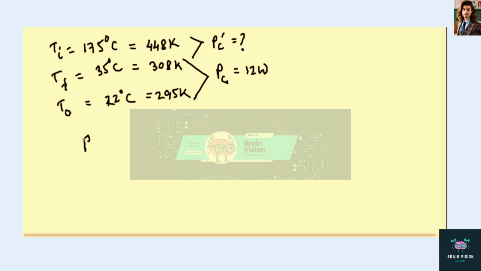So power of cooling is given by E sigma A as it cools down. Let's call it T warm minus T cold, and to the fourth power of them.